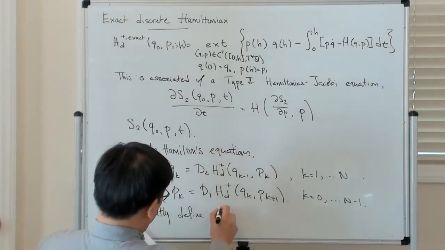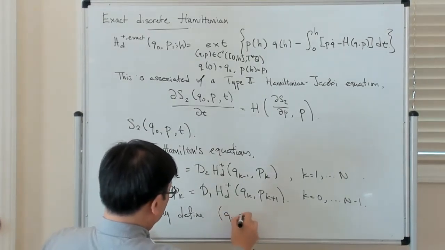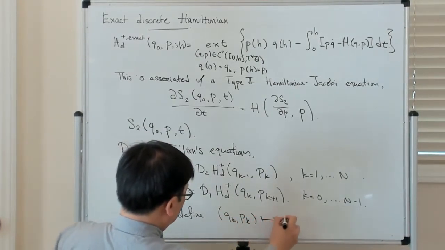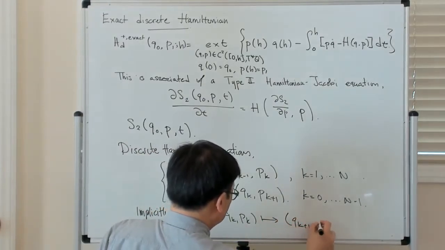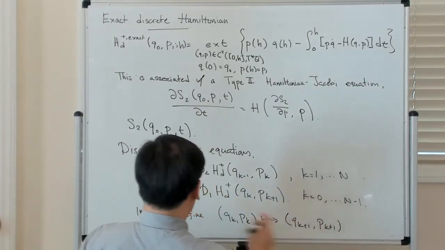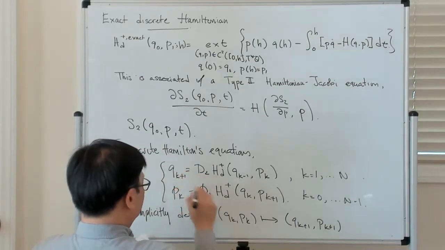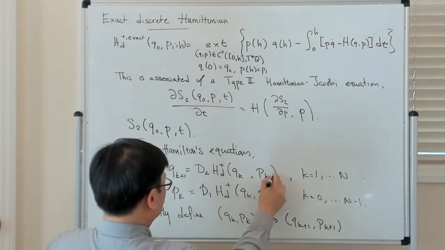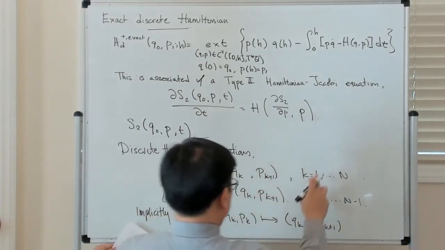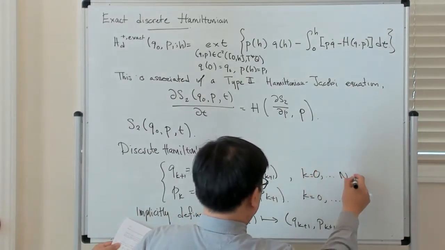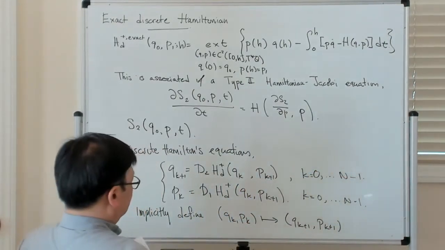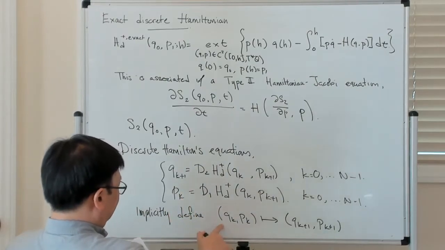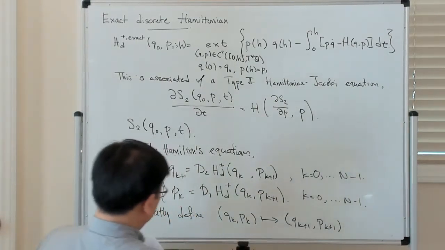So they implicitly define a map (q_k, p_k) to (q_{k+1}, p_{k+1}). Actually, maybe it's better to reindex this in the following way. So you can write it this way, and then implicitly it defines this kind of map.